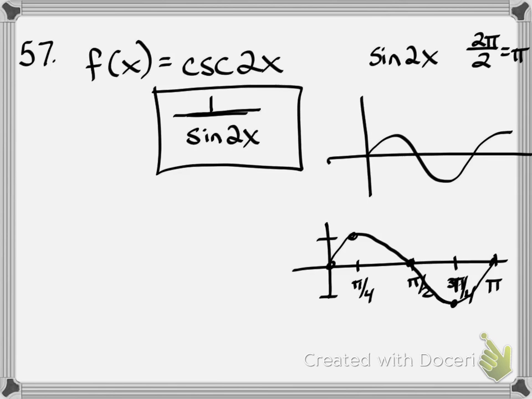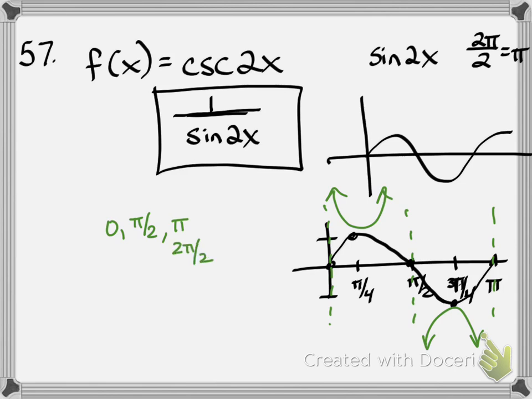So everywhere that sine is on the x-axis, we have asymptotes for cosecant. So cosecant is continuous in between the asymptotes, but at 0 and pi over 2, and at pi, which we could call 2 pi over 2, and then again at 3 pi over 2 and 4 pi over 2. So it would happen at multiples of pi over 2 that we would have discontinuities. Even on the negative side, right?